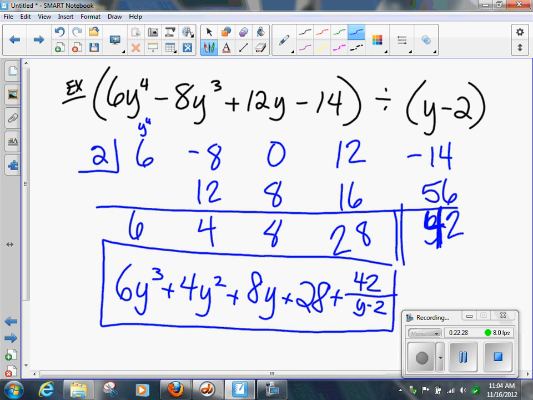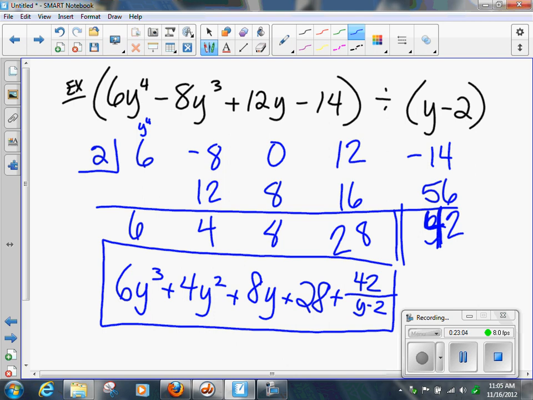Notice something about all of your divisors. Look back at every one of your divisors. They've been binomials. What else? What's been the common thing about the divisors?